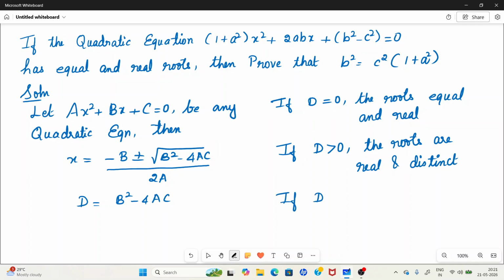If D < 0, there is no real root. So there are three cases. According to the question, this equation is of the first case, D = 0. The roots are real and equal.